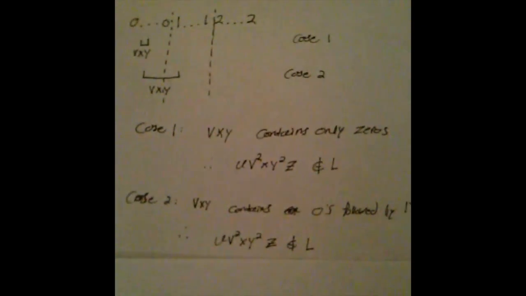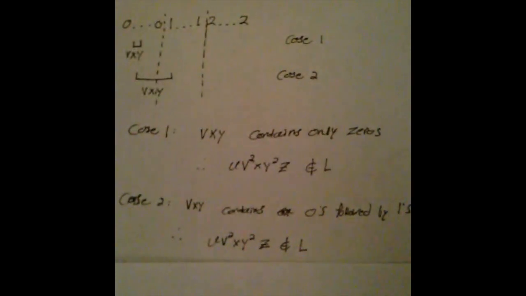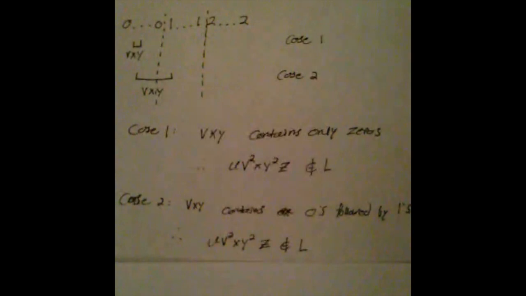Case 2 would also fail by this same logic, but case 2 would also have to deal with the fact that vxy, which sits on the border, for one example, contains zeros and ones, because it sits on the border. So if you applied the final rule and made i equal to 2, you would have u, v^2, x, y^2, z.